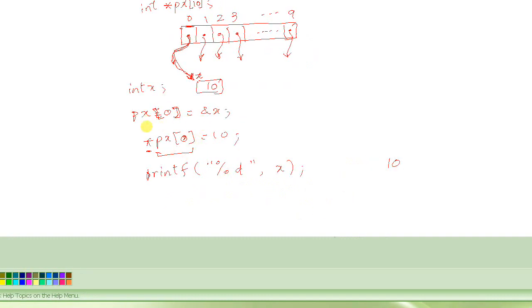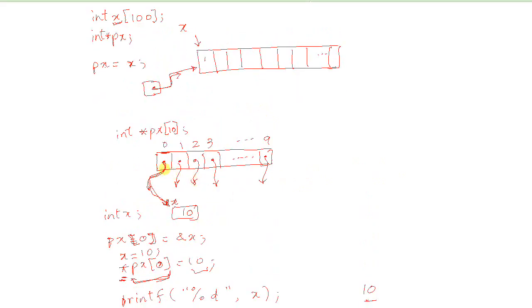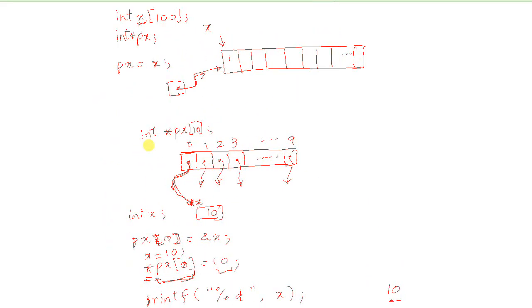Even though you never explicitly said x is equal to 10, you did say that wherever px of 0 is pointing to, you change its value to 10. So when you try to print the value of x, you get 10 because of that.